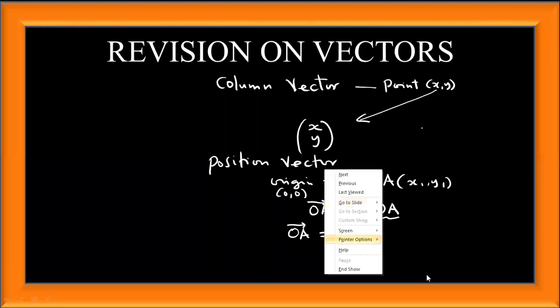Now, when I talk about displacement vectors, I'm looking at 2 points, and I'm simply looking at motion from one point to another point. I'm going to give a simple example here.